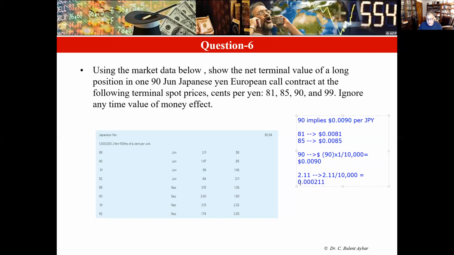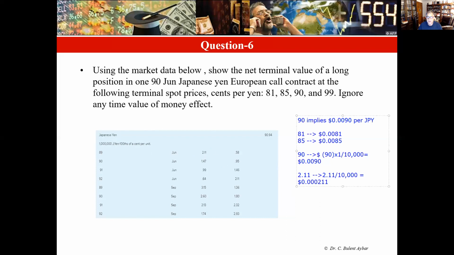So this is the price of the contract per unit of Japanese yen. So let's say you're going to be buying the 89 call option with June maturity, the price per unit yen is going to be 2.11.